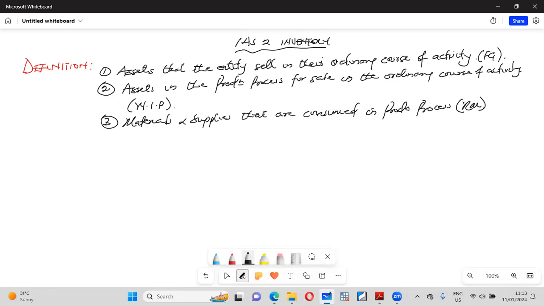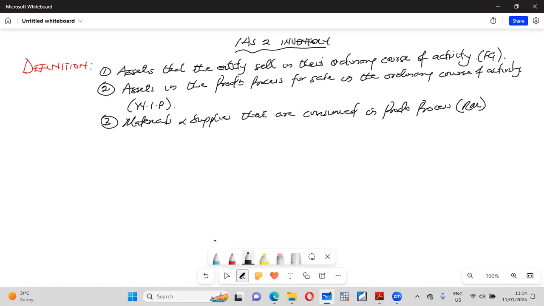Now, if you want to recognize inventory, we are looking at it as an asset. So you using the asset or selling the asset will bring you economic benefit, and you being able to calculate the cost is also a recognition criteria. So as assets, there are some things that stand out as recognition criteria.